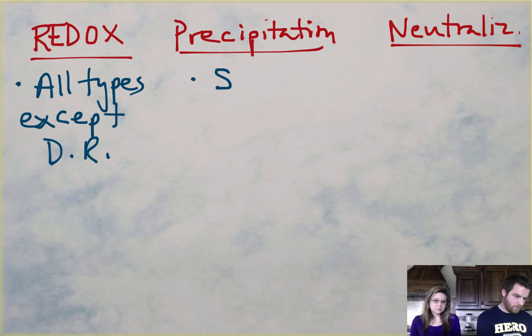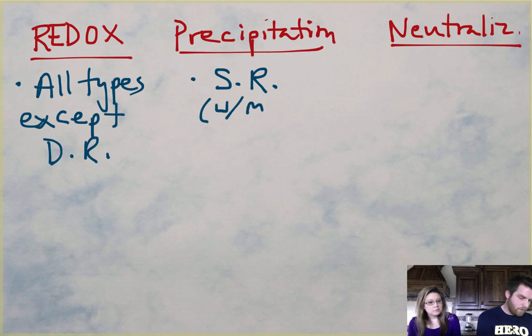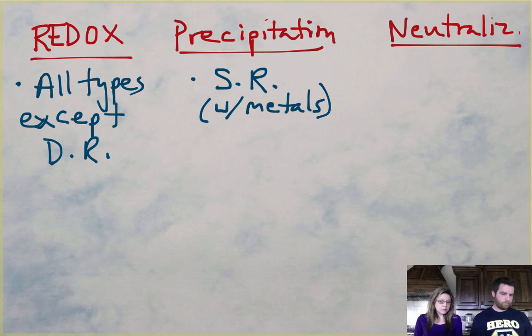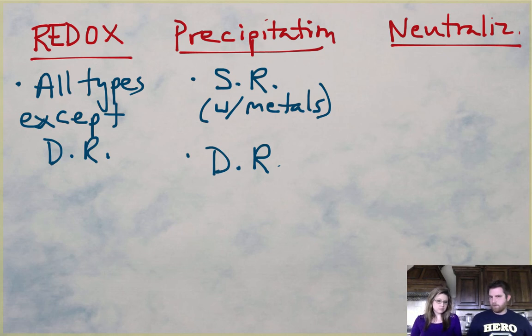So for precipitation reactions, single replacement is one, with metals. And then double replacement: remember the only way those reactions occur is if they make an insoluble product. So those are automatically precipitation because if they happen, they are.